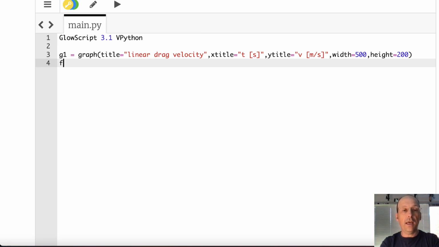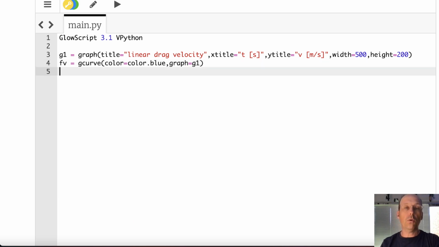So I'm going to say FV. Let's call it FV is g curve, color equals color.blue, and then I'm going to say graph equals G1. This is important because if you have more than one graph, more than one set of axes, which I'm going to have, I need to tell which axes to plot this in.